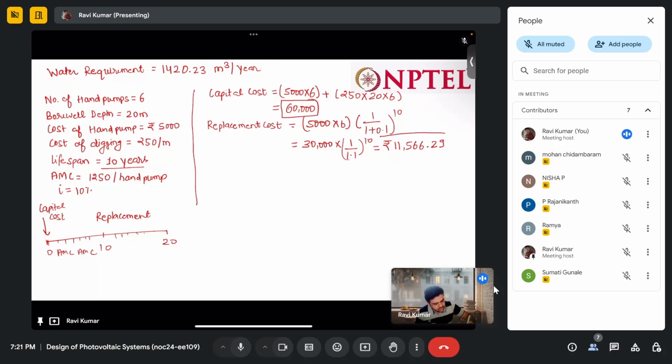Second cost is the maintenance cost. What is left? Left is the maintenance cost.